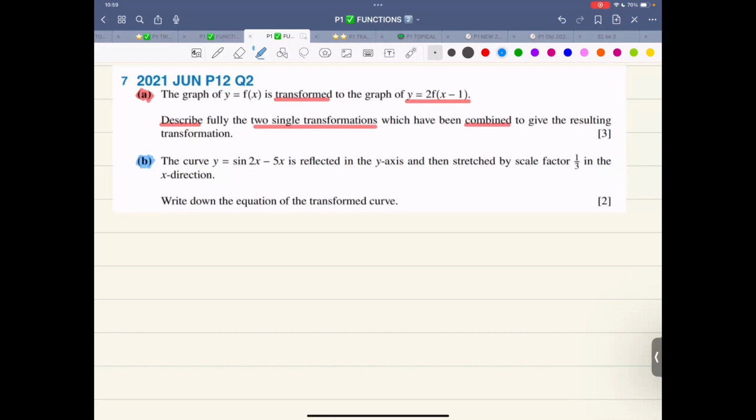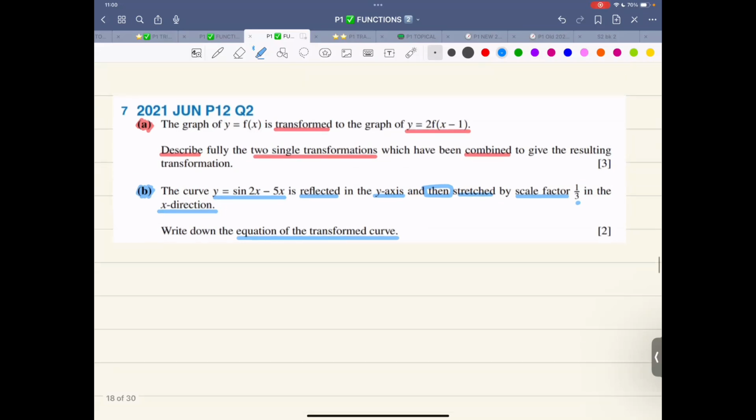The other question: the curve y equals sine 2x minus 5x is reflected in the y-axis, and then stretched by a scale factor of 1/3 in the x direction. Write down the equation of the transformed curve.